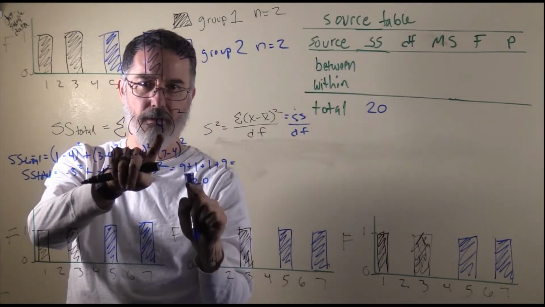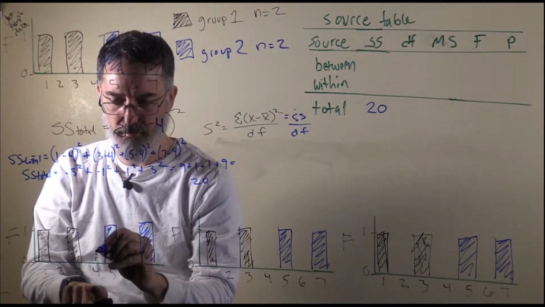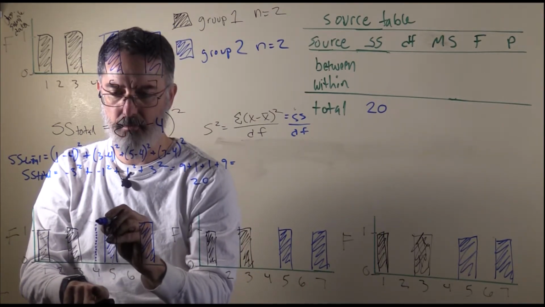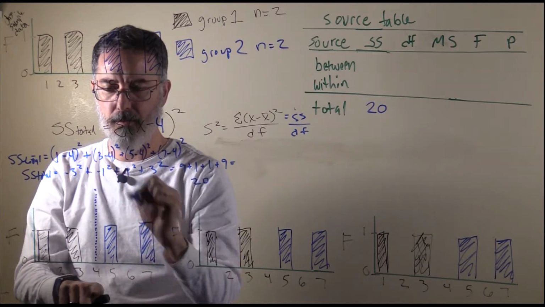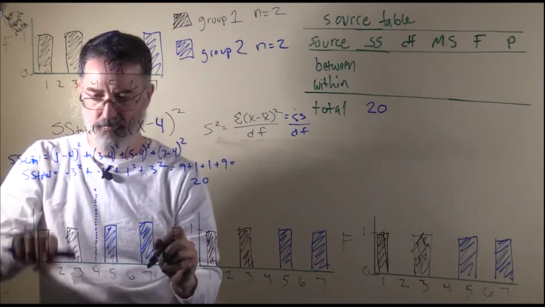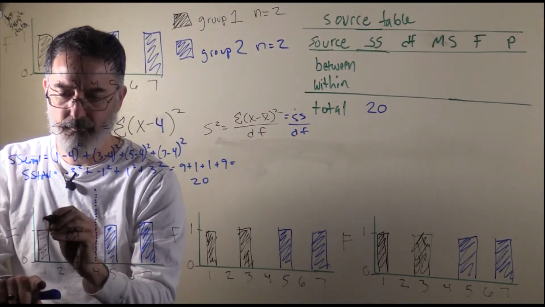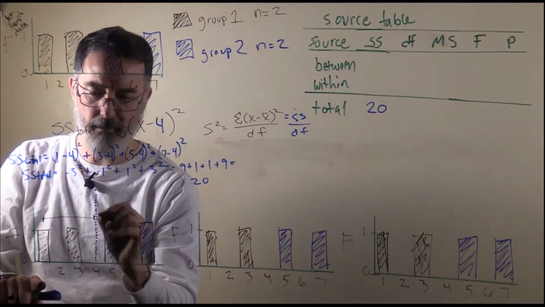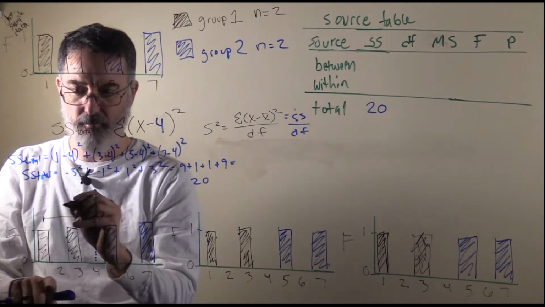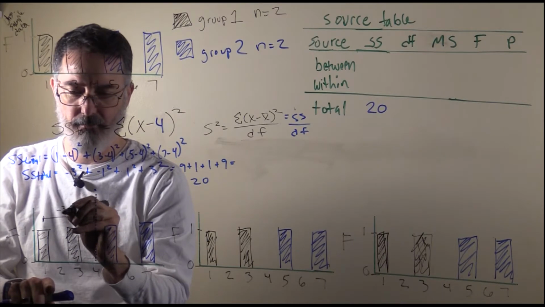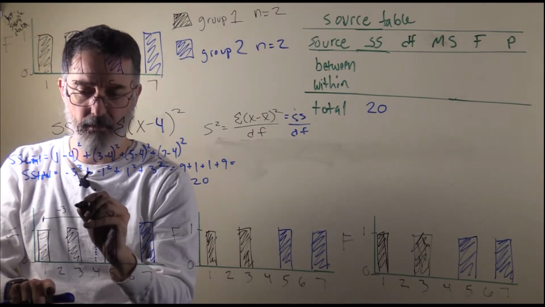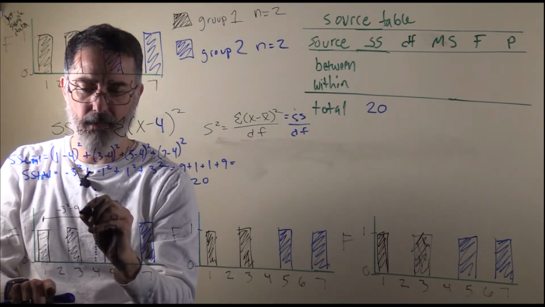Our grand mean was 4, right up here. And then what we did is we took this score here, we calculated 1 minus 4, we got -3, and then we squared it, and that was 9.